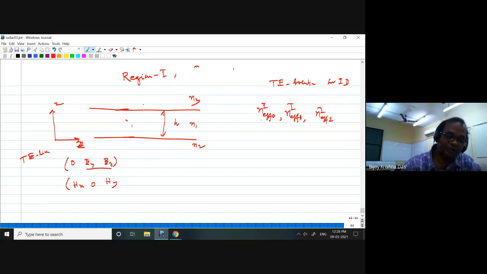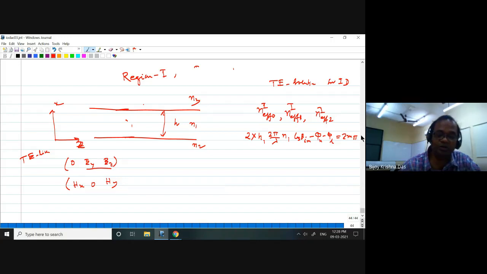I can get a solution using the same formula, right? That same formula means 2 times h1, 2 pi by lambda, n1 cos theta im minus phi u minus phi l equal to 2m pi.